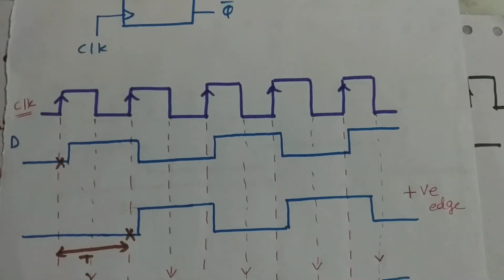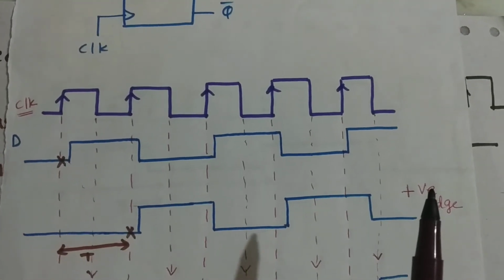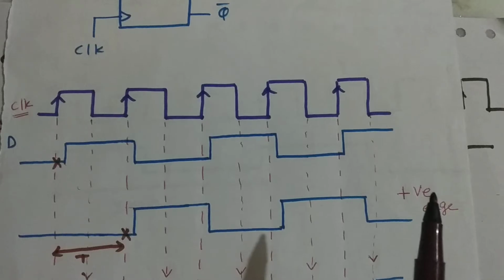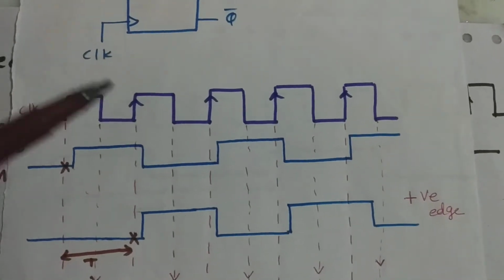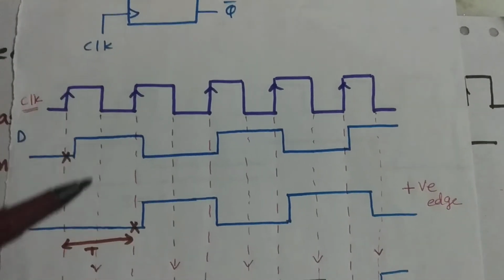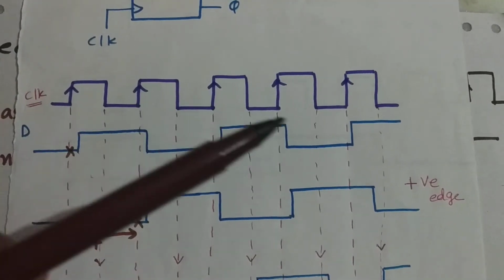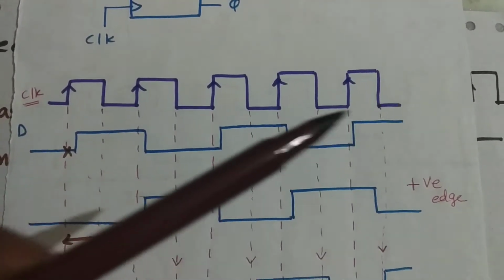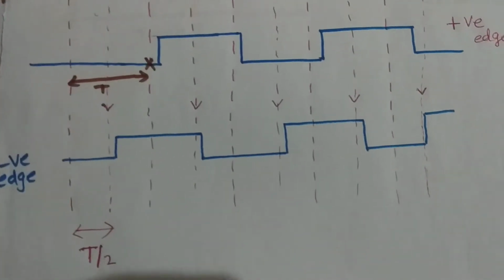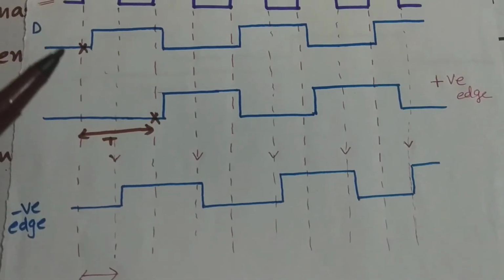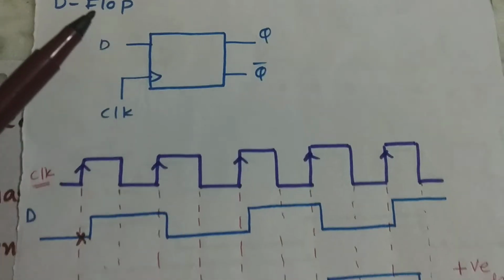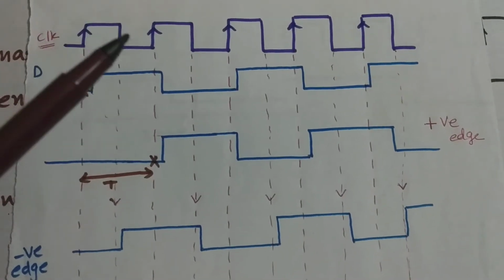We have seen the output at the positive edge, and now let us check the output at the negative edge. These are the negative edges, which are not indicated with arrows, please understand. When we go with the negative edge, we give the same input to the flop and check the output at the negative edge.